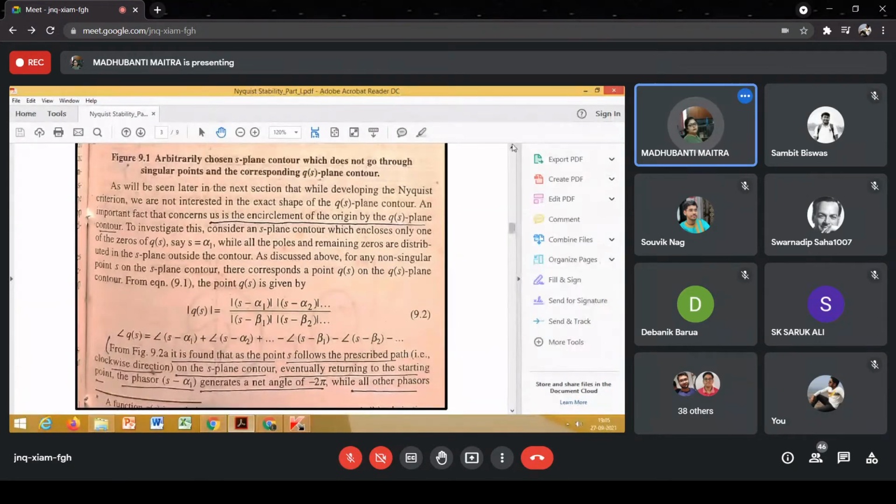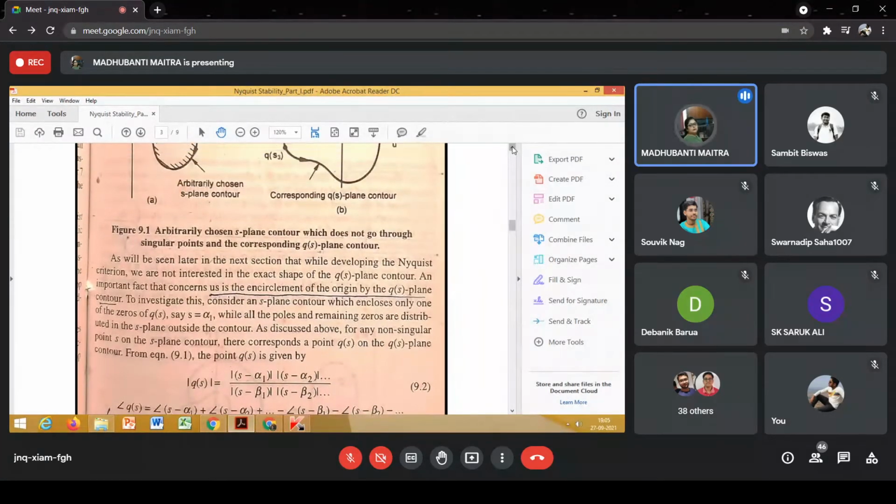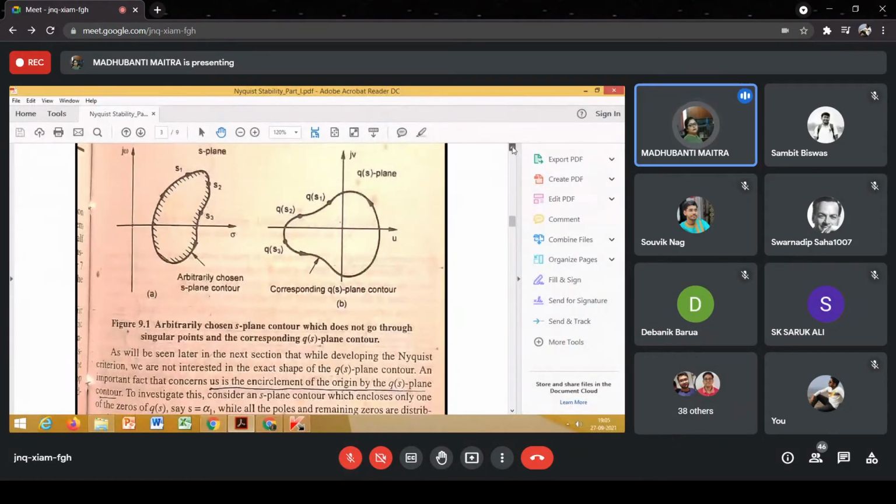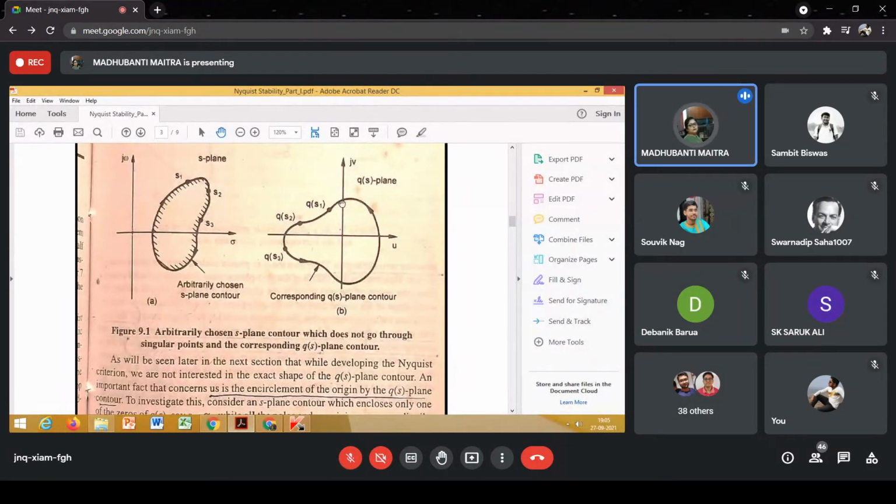Now we'll see that we are not really concerned about the actual shape of the Q(S) plane contour. The actual shape will not be required for applying the Nyquist stability criterion. What is important to us is whether this Q(S) plane contour is enclosing the origin of the Q(S) plane or not.